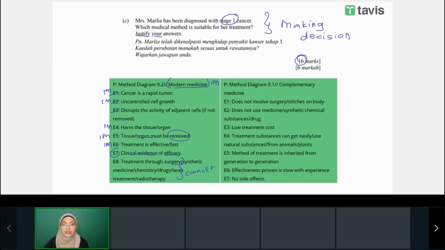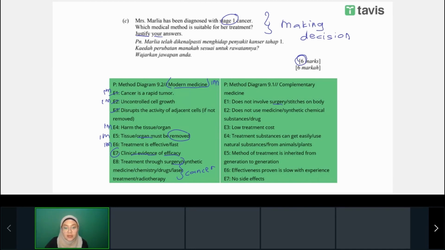We go to 9.1, complementary medicine, traditional massage. It does not involve a surgery. Why would you choose a complementary medicine? Provide your reason. Because it does not involve a surgery. You don't want Puan Malia to undergo surgery only at stage 1, so she can undergo a complementary medicine.